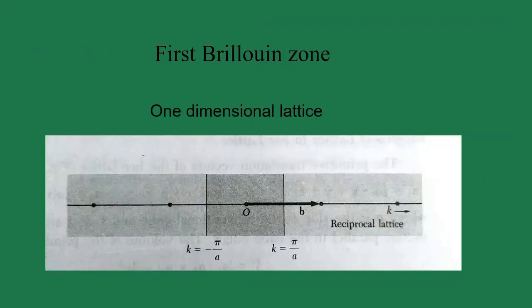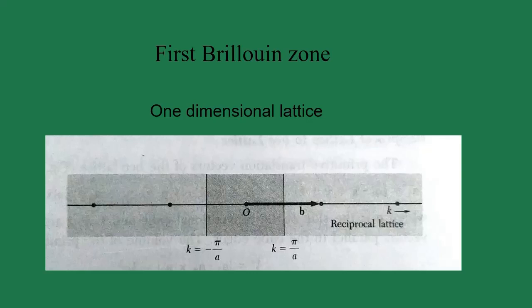In this figure, the reciprocal lattice of a linear lattice is shown, that means a one-dimensional lattice. Here the shortest lattice vector is b, and minus b. If a is the lattice parameter, then 2 pi by a is the vector b. Half of that is pi by a.